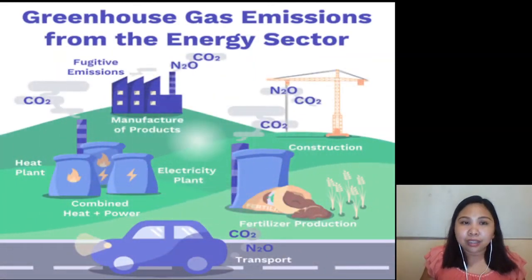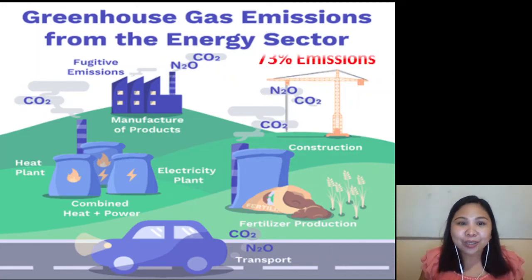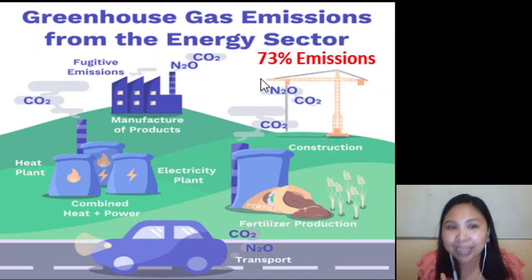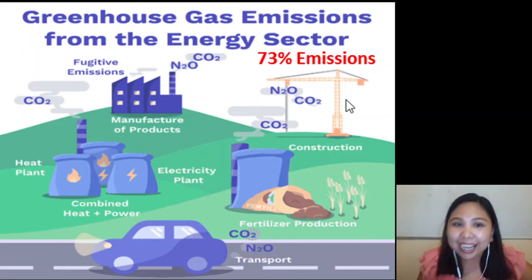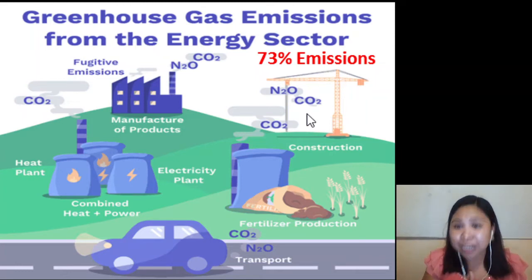So, this is the greenhouse gas emissions from the energy sector. Ayan. So, remember, 73% of emissions ay galing sa energy sector. Okay? Saan itong mga nanggagaling? Ayan, yung sa construction, yung mga ginagamit na machines. Bawat paggamit ng machines, nag-i-emit po yan ng mga greenhouse gas, yung paggamit ng mga fuels.